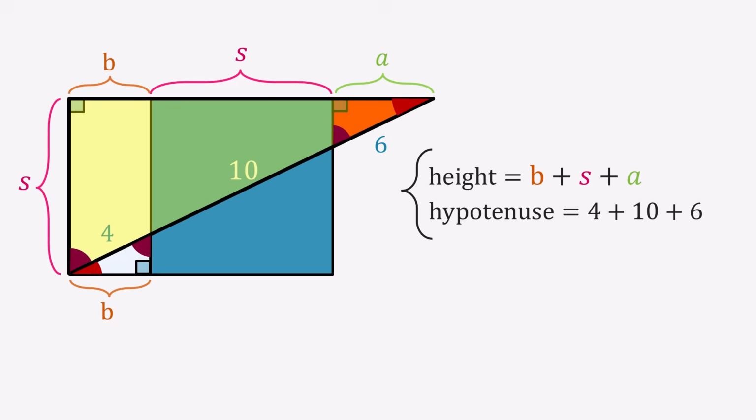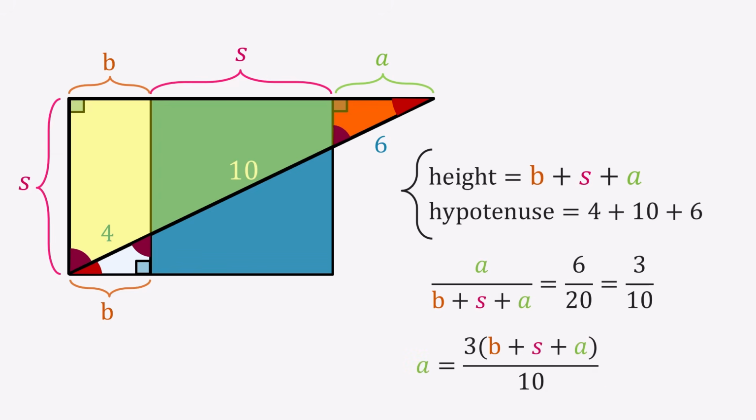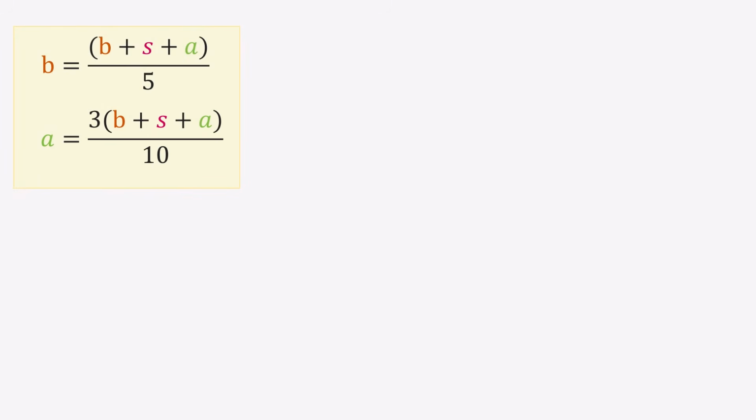Its height is A, so A over the large triangle's height, B plus S plus A, equals the hypotenuse of the small triangle, 6, over 20, the large triangle's hypotenuse. It simplifies to 3 over 10. And we can multiply both sides by B plus S plus A to find A.